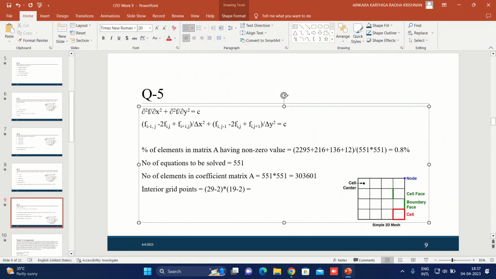This would give us 459. Once again, let's just confirm. 27 cross 17. Yeah, this would give us 459 grid points. In those 459 grid points, if we write the equations, we would be having 5 coefficients in those equations. So this would give us 459 into 5, that is 2295. This 2295 comes from that.